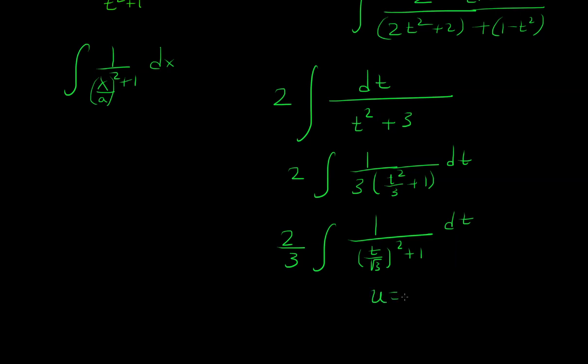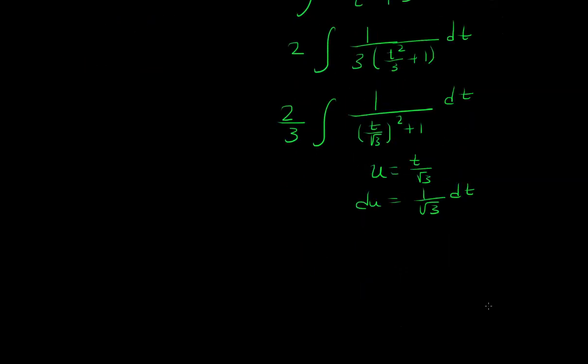We'll make a u substitution. We'll make u equal to t over root 3. So du is 1 over root 3 dt. So we have 2/3 out here. Integral 1 over u squared plus 1. And then dt is just square root of 3 du.